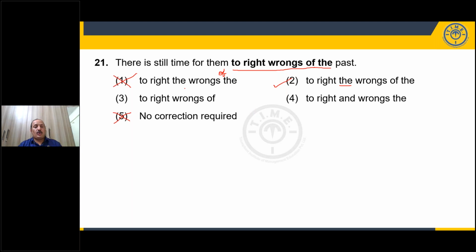"To write wrongs off," but again here both those are missing. I need a "the" over here. I also need a "the" after "off." Both those are missing. So 3 gets eliminated. "To write and wrongs." Now this is totally wrong. So fourth one also gets eliminated. So my answer is option number 2.